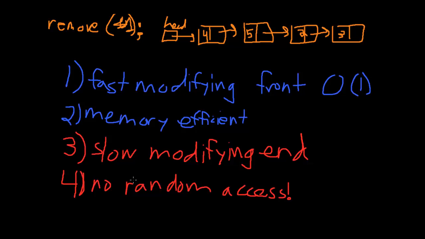If I want to do get on the very last element, what do I have to do? I start at the head, and then I have to traverse all the way through until I reach the last element, and then I can get it. So this is big O of n. And this is where I was talking about some implementations would use 2 dummy pointers.